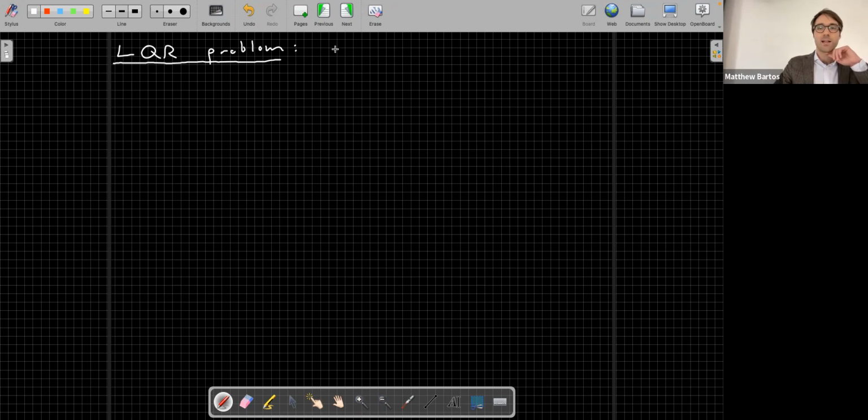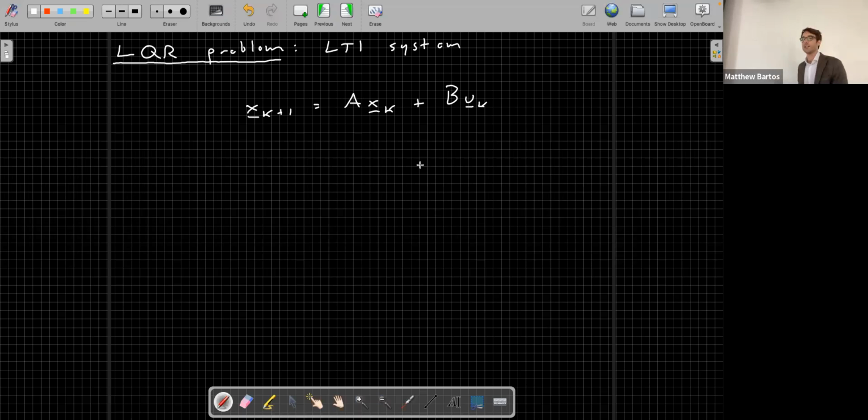Let's say we have an LTI system. This is discrete time. So we'll have, for instance, x at time k plus 1 is equal to A xk plus B uk. And let's say our objective for control is we want to keep the state x at each time step k as close to 0 as possible.